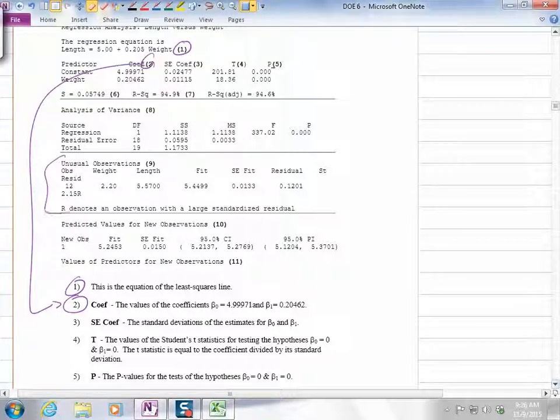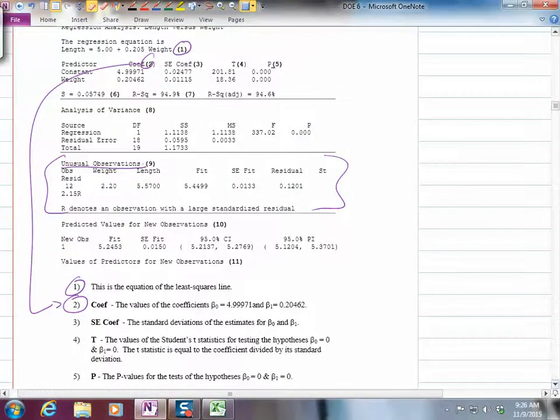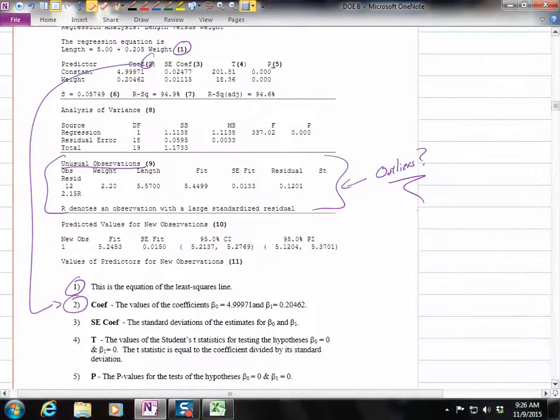The additional information that Minitab gives you is unusual observations. So that means I may or may not have an outlier. It's just alerting you. It's not telling you you have an outlier. It's saying you might want to look at this.